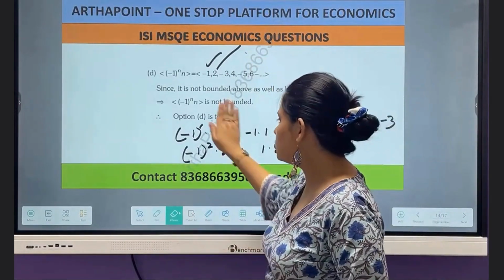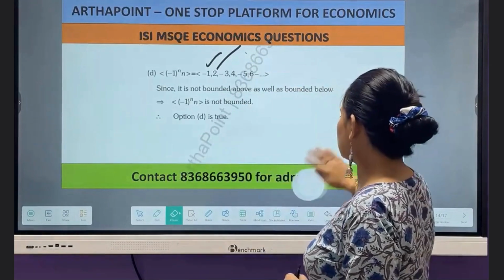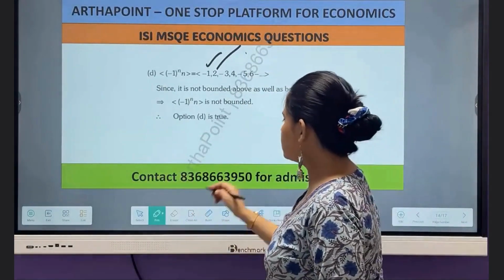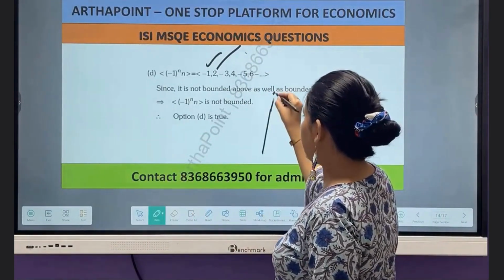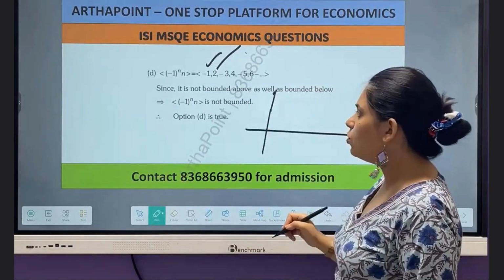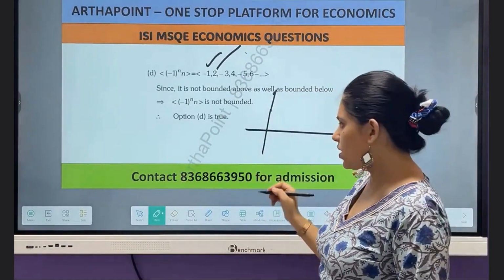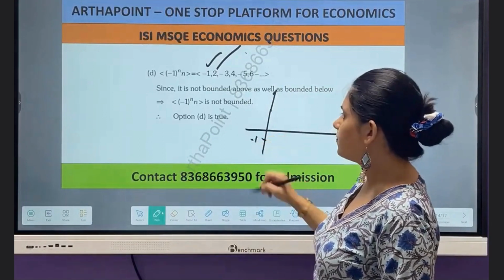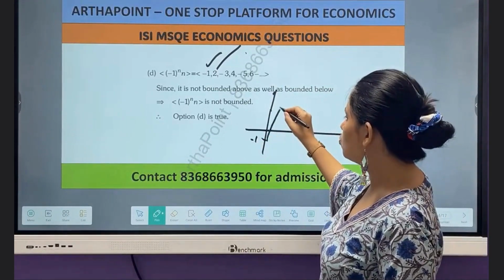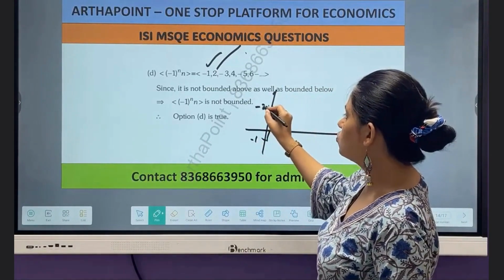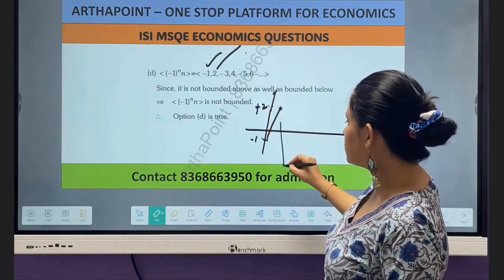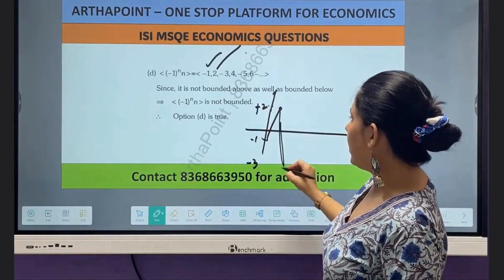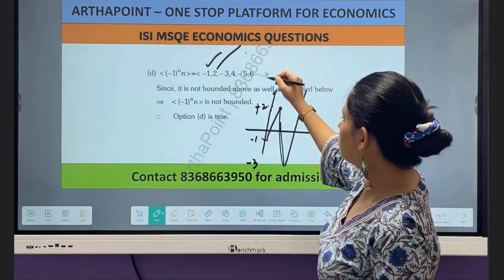How is your sequence going? If I were to show this graphically, very simple. The numbers I have here, they go, I have minus 1, and then I have plus 2, and then I have minus 3, and then I have plus 4.